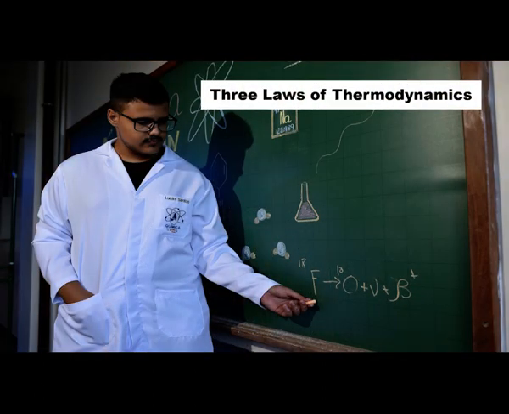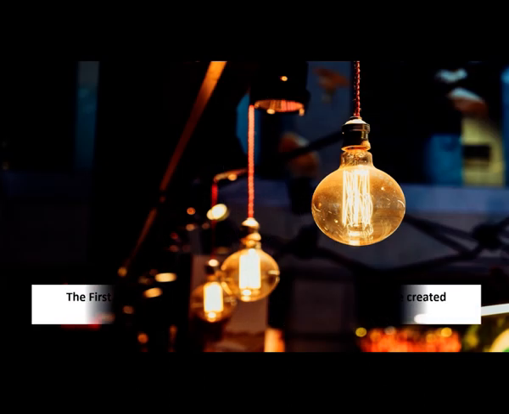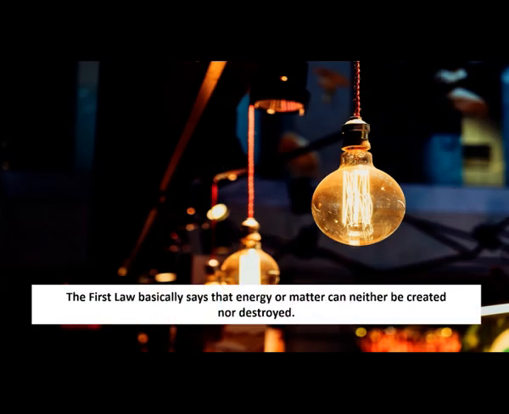Basically, they saw that perpetual motion machines were impossible. So in doing so, they came up with the three laws of thermodynamics: the first law, second law, and third law of thermodynamics. The first law of thermodynamics basically says that energy or matter can neither be created nor destroyed.